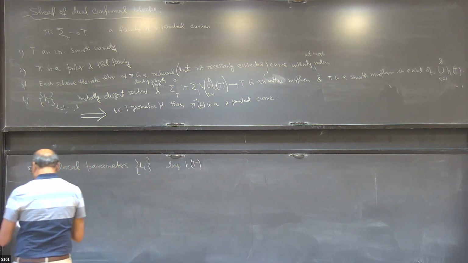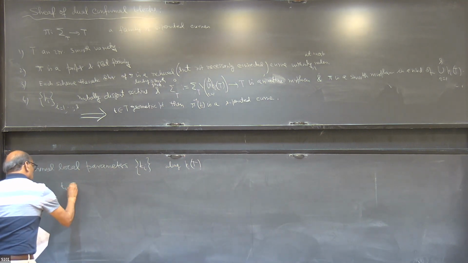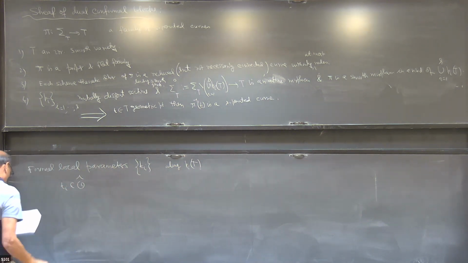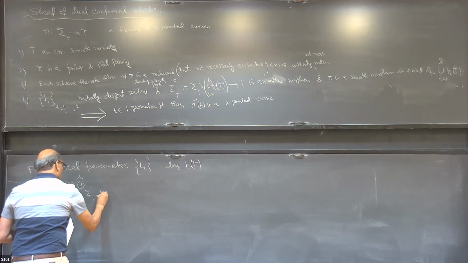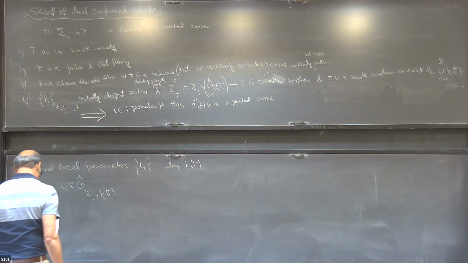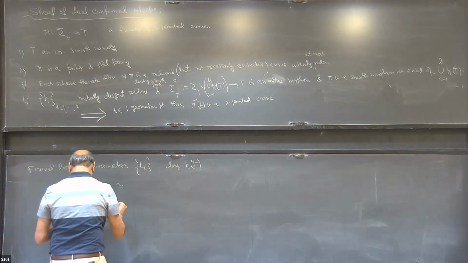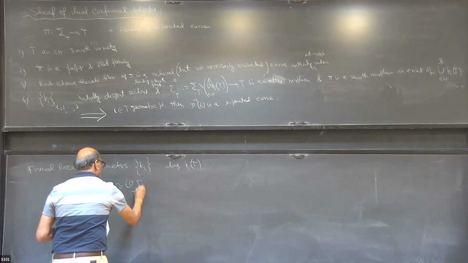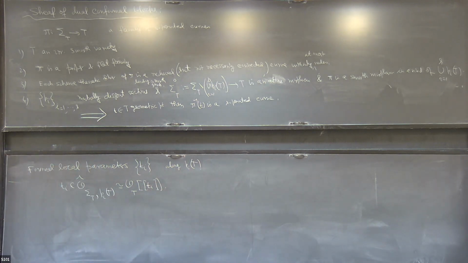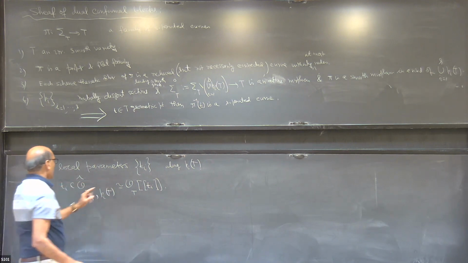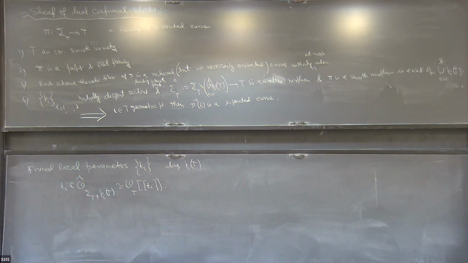What does this mean? It means that Ti is an element in the completed ring, sigma T, such that this is isomorphic with O. So we need to choose a formal local parameter Ti along Pit, and this is what it means to say formal local parameter.